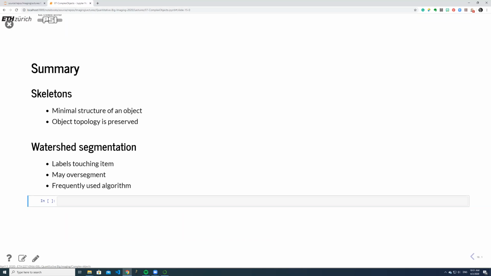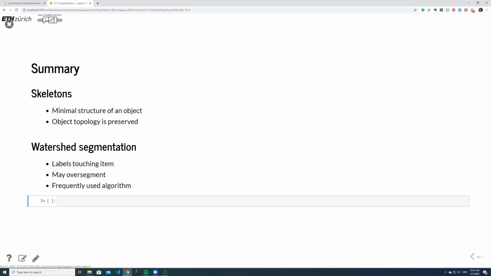So again, the choice of algorithm depends on the application, and you have to know what you want before you start selecting the algorithm. Watershed is a great algorithm. It's used very much in many applications.